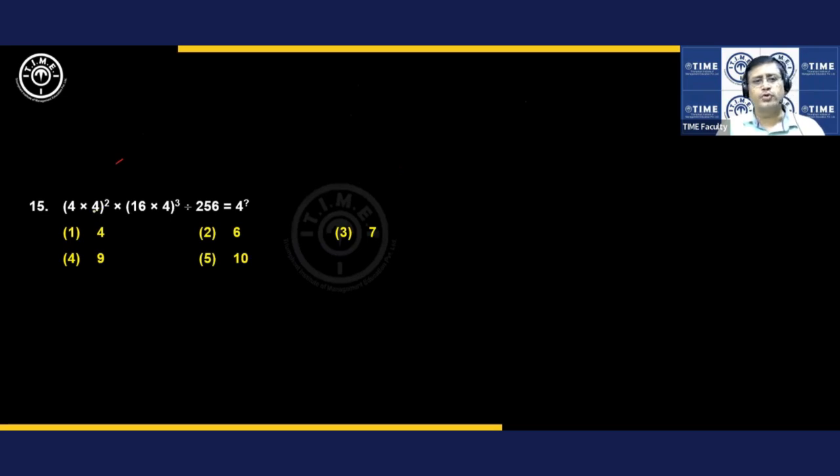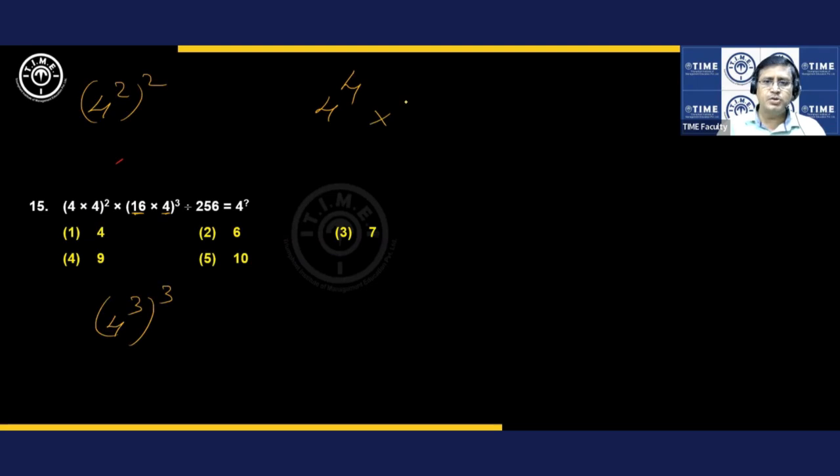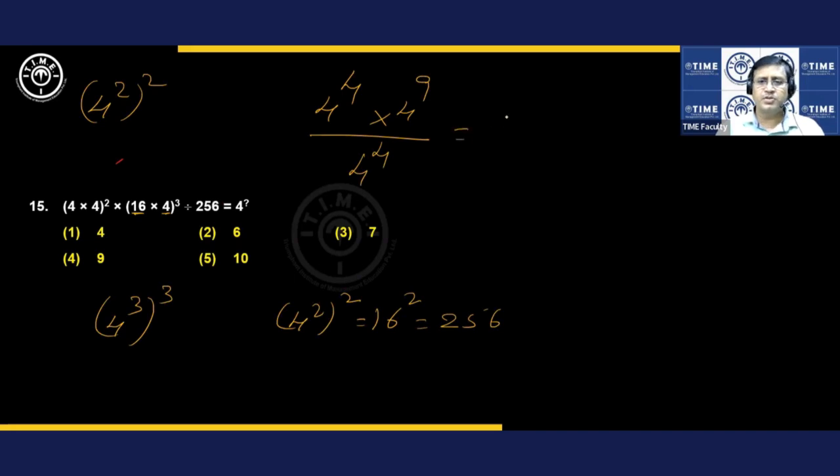4 into 4, that is 4 square. 4 square whole power 2 means 4 power 4. 4 square is 16 into 4. 16 into 4 is 64. 64 means 4 cube. 4 cube whole power 3 means 4 power 3 into 3, that is 9. 256, that is 16 square. 16 means 4 square whole power 2 means 4 power 4, which is equal to 4 power question mark.